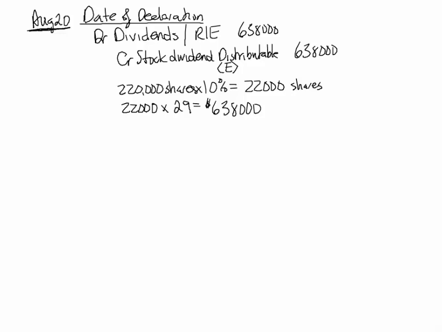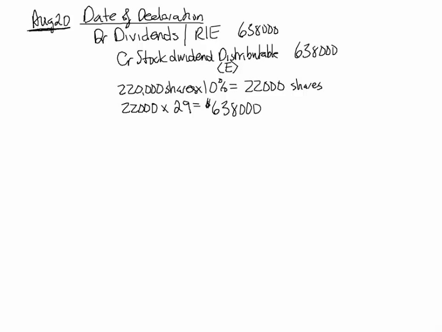It sits immediately under our common shares account. If we were to produce the financial statements right after this entry, that's where you would see it. So we've got to use stock dividends distributable, an equity account, because what's going to flow out from the company? It's not going to be cash, it's going to be equity. So that's what we have to use.